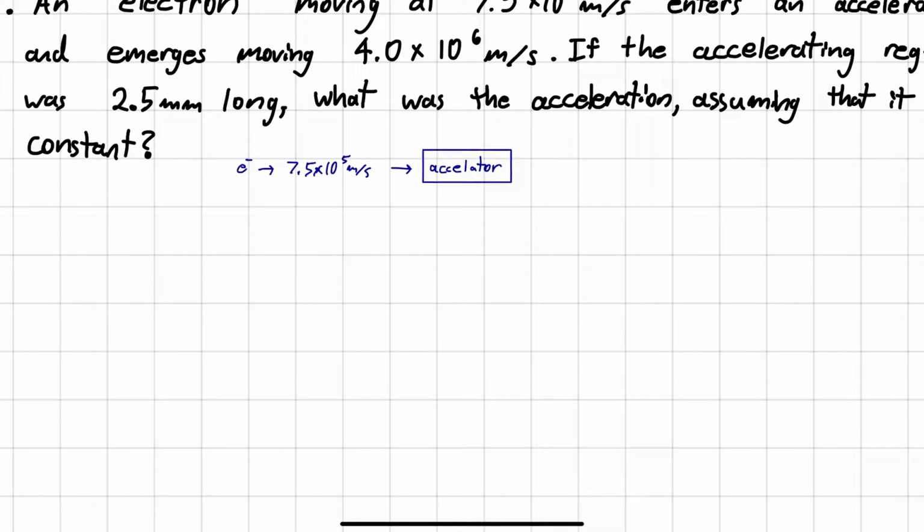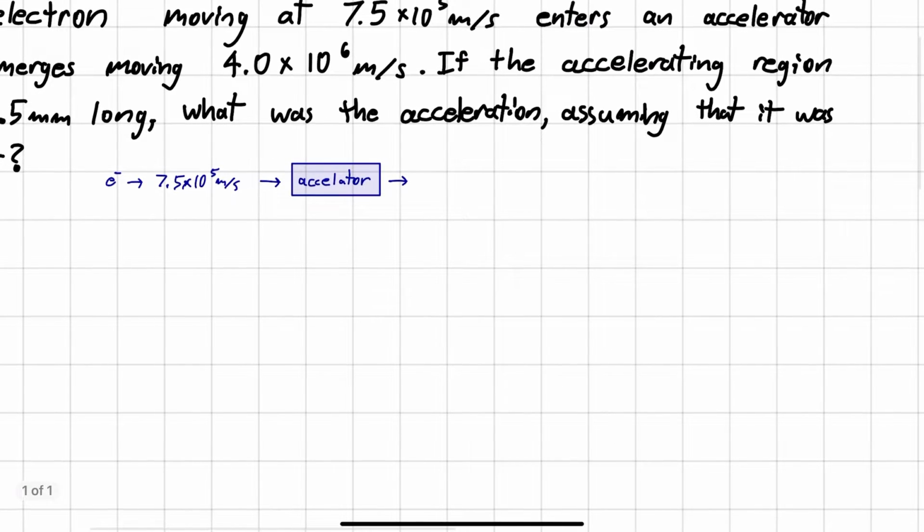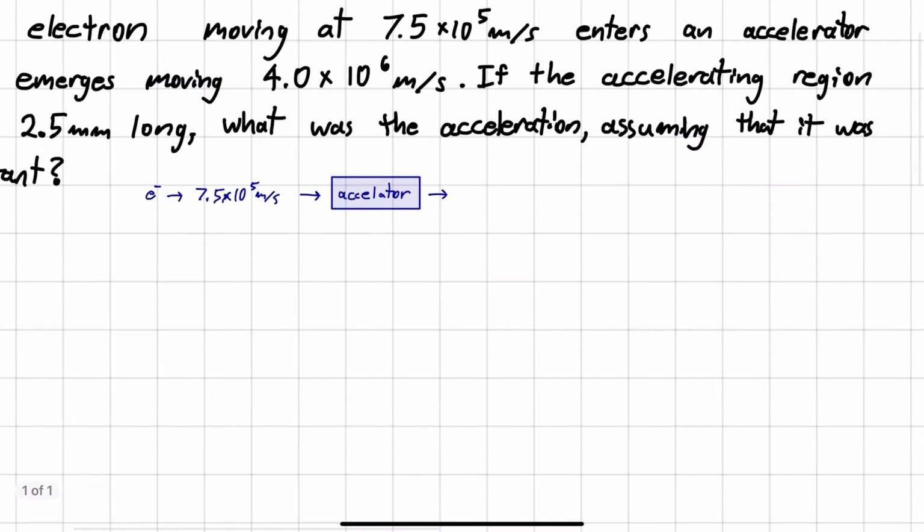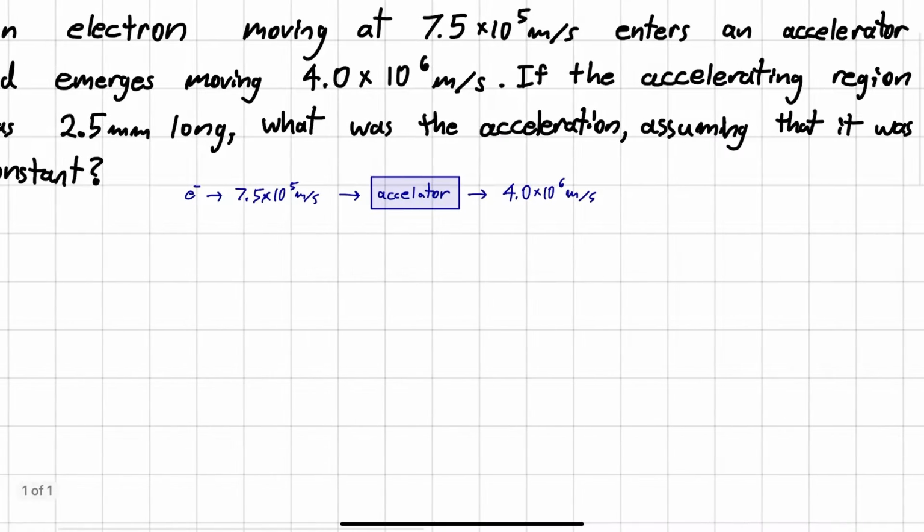I'll draw a little box so we can see it's some kind of machine or some kind of unit, and then it emerges moving at 4.0 times 10 to the 6 meters per second. And what do we know about the accelerating region? That it's 2.5 millimeters long.